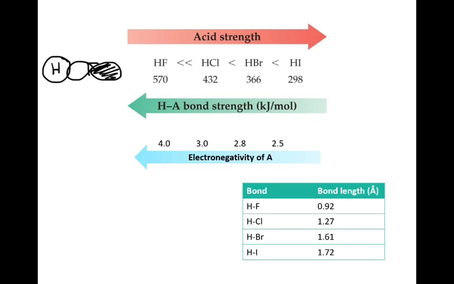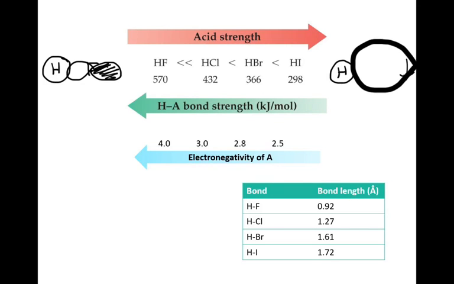If we imagine the same thing happening with HI, maybe we have our hydrogen 1s orbital here, but then the I orbital. I is much further down in the periodic table. This is going to be a 5p orbital. That is going to be a whole lot bigger. Oh, wow, it doesn't even fit on this slide.